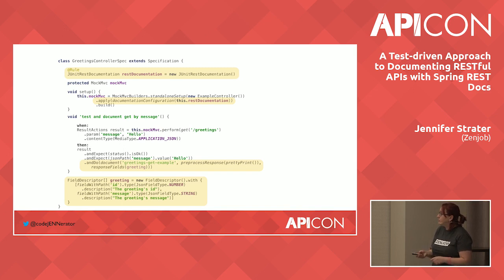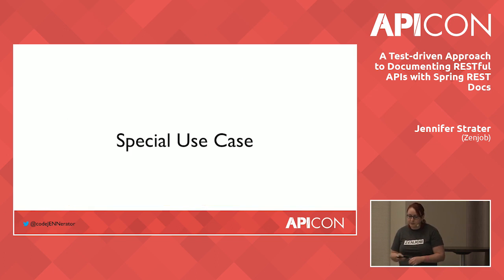For this, we have a simple field ID and a field message. We've got some type information about whether it's numbers or strings. And that information is going to be verified not only at the test level, but also in our documentation. Okay. And then, sorry, the slides that I had were inverted.